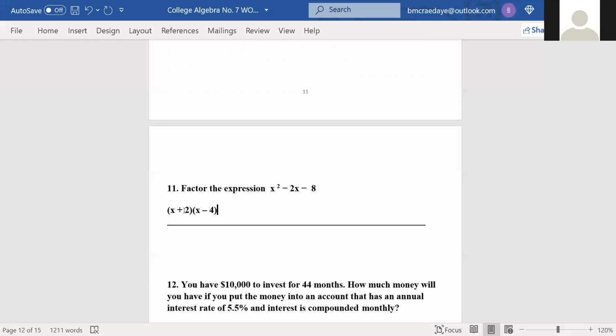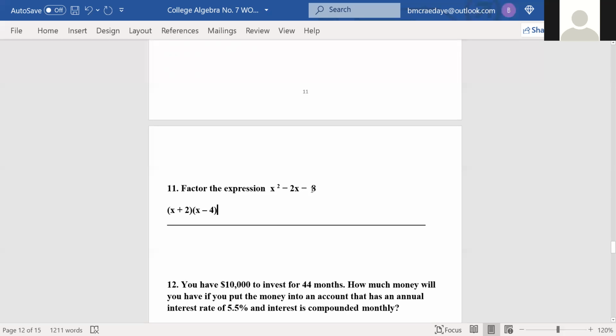Yeah, because if you try to get a -8, one has to be plus and one has to be minus. And if you're trying to get a minus in front of the 2x, that means your bigger number has to be negative. That's why that 4 is negative, because the -4x and a plus 2x will give you the -2x.